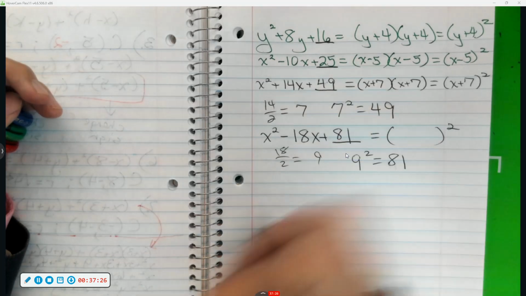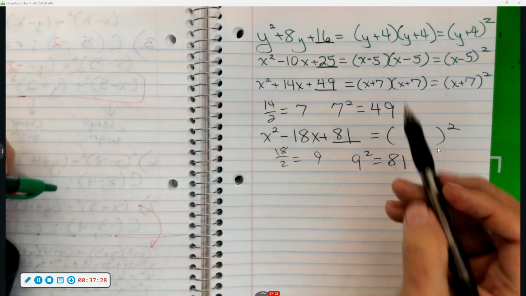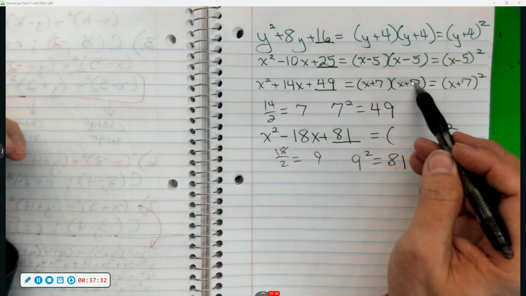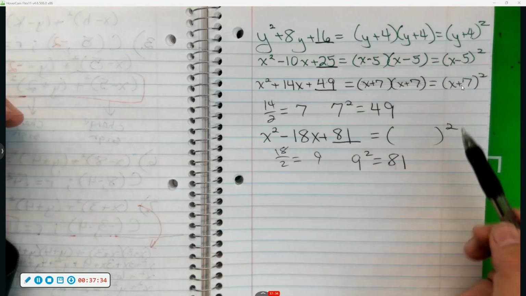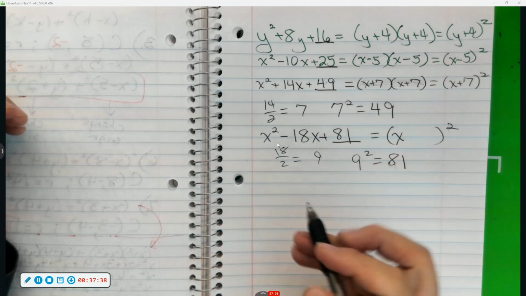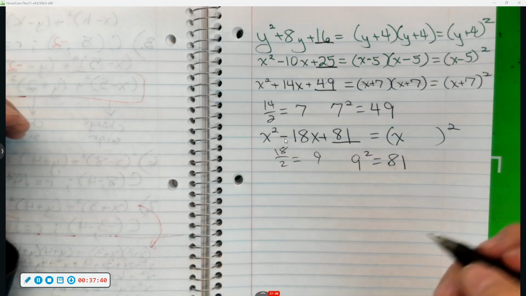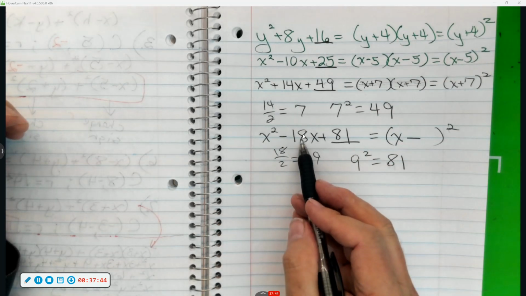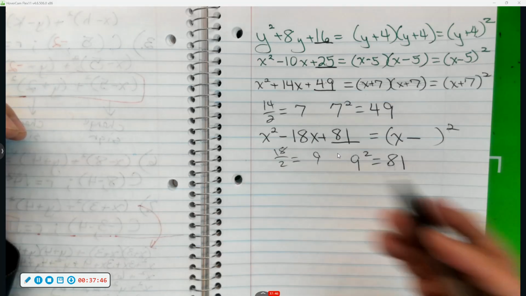So you put the 81 there. And I'm going to skip this phase here with the two sets of parentheses. I'm going to start factoring it as a binomial squared. That'll be a variable. Then whatever that sign is, half of that number. What did you get when you took half of 18? A 9.